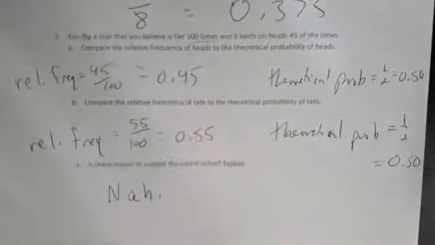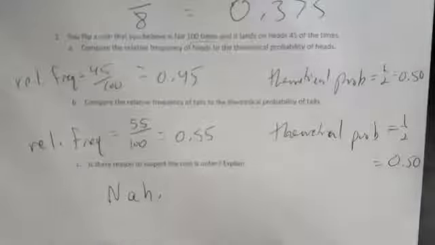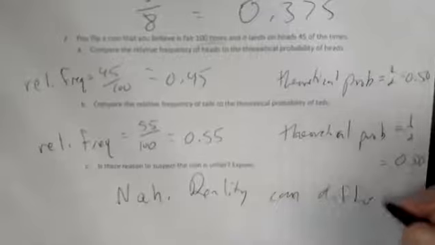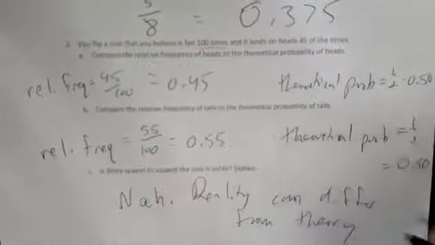The relative frequency is not ever going to be exactly your theoretical probability. The way things play out may not be exactly the way things figure out theoretically. So reality can differ from theory a bit, right?